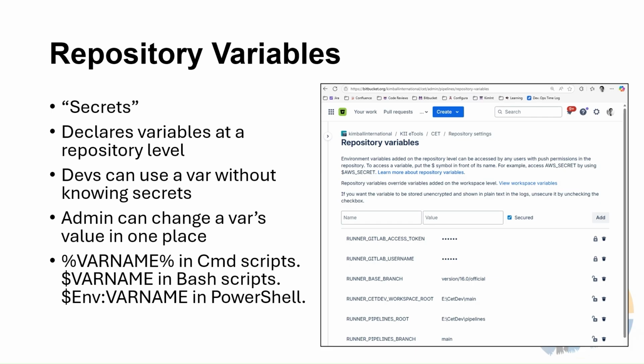And then in order to access an environment variable in PowerShell, you need to do the $env: and then the name. So for any of these on the screen here, I would need to do the $env: before it in order to pull its value.